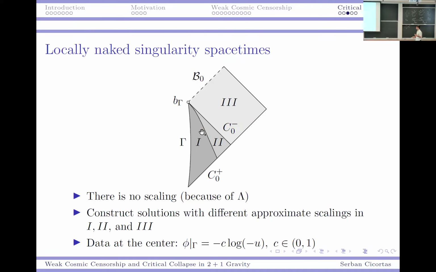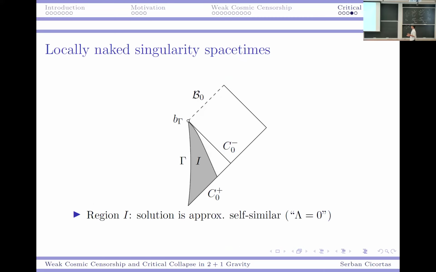Okay, so that's the strategy. And what do you put at the center? This is very much inspired by what they get in the numerical relativity results. We put for phi just a constant c times log. And c is at this point allowed to be anything between 0 and 1. This will be further restricted. But with this data, we know for sure that big gamma is a first singularity at the center. The scalar field blows up.